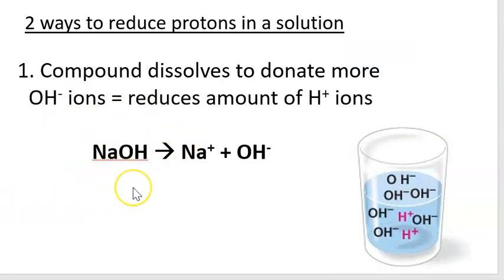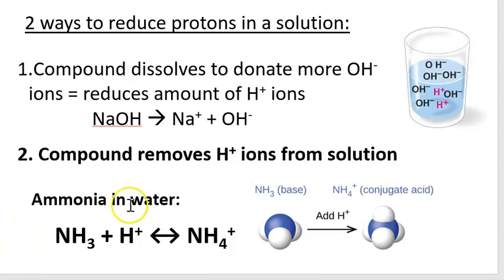This is sodium hydroxide, and it comes in little salt pellets, and you can just dissolve it into your water solution. When this ionizes, it's going to release a sodium ion and a hydroxyl ion. So if you think about that, I've donated more of these, which means I've just reduced the amount of protons there. And that's one way a chemical compound can act as a base.